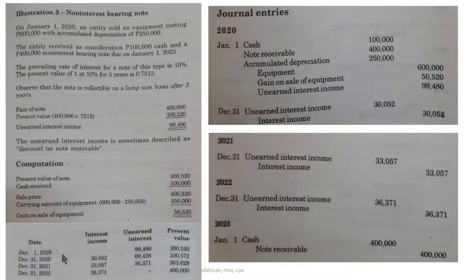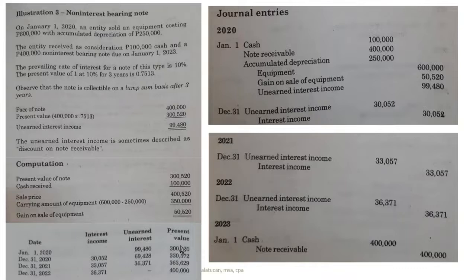Why is there none? Because there's no regular collection of principal. It is paid after 3 years. And then, the columns here are interest income and unearned interest income. Okay? So, for the first line, what we see is the unearned interest income, which is 99,480, and the present value, which we computed, 300,520.